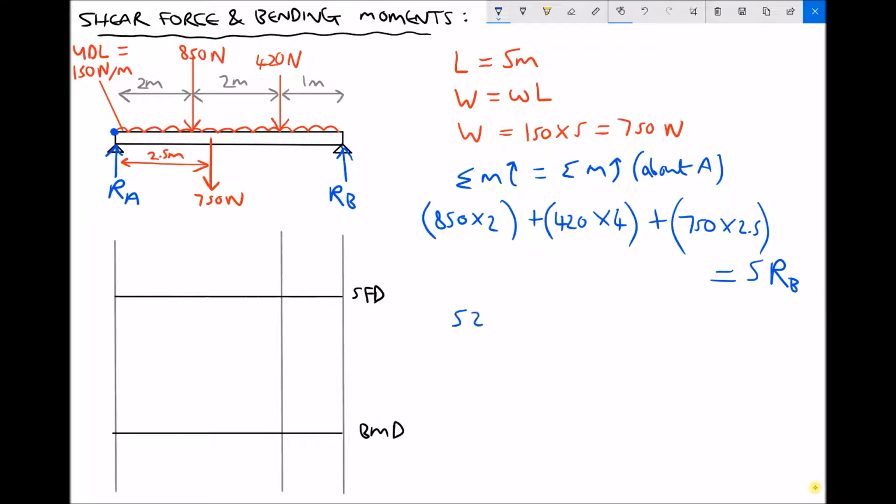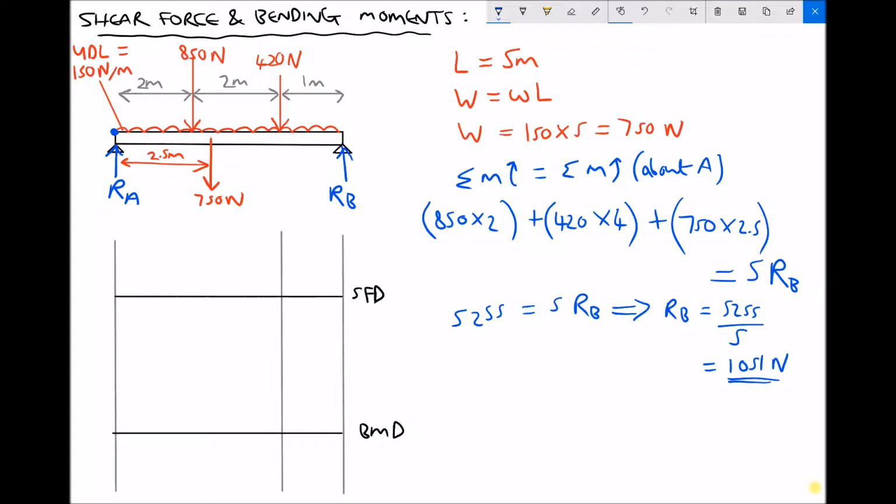So I'm going to get 5255 equals 5RB. And because I have a simple linear equation there, all I need to do to each side to get RB on its own is divide by 5. So RB is 5255 over 5, which is 1051 newtons.